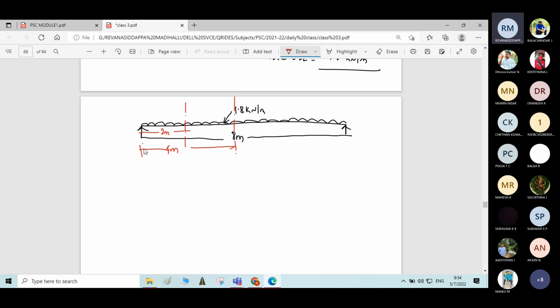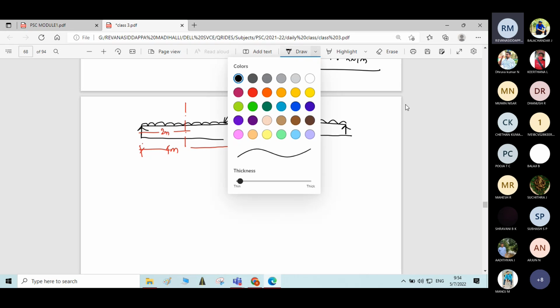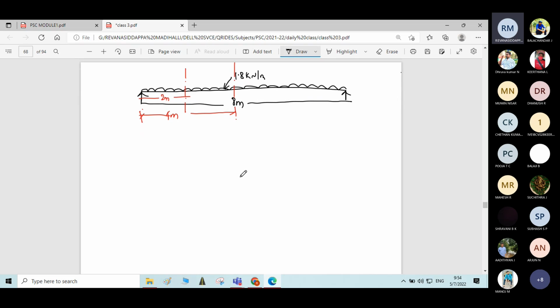Calculate the reactions at the support. Reaction at the support will be equal to total load divided by 2, since it is a symmetric loading. It is equal to WL by 2, W into L gives the total load, divided by 2.